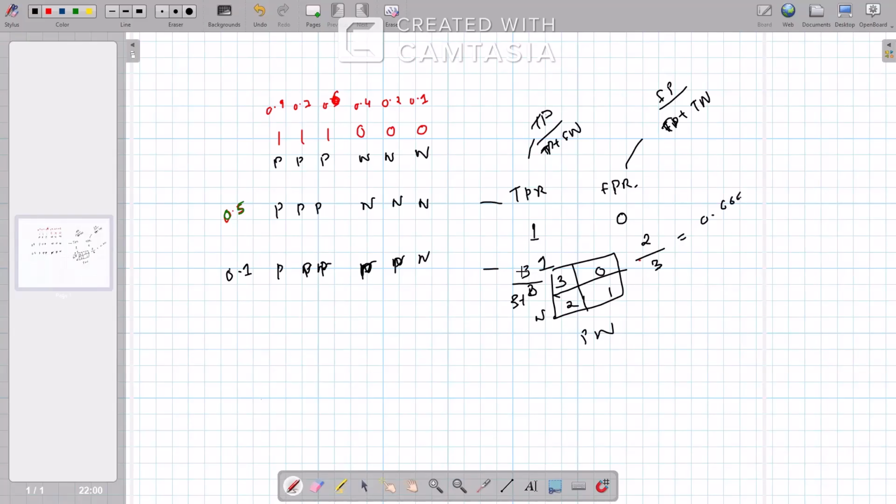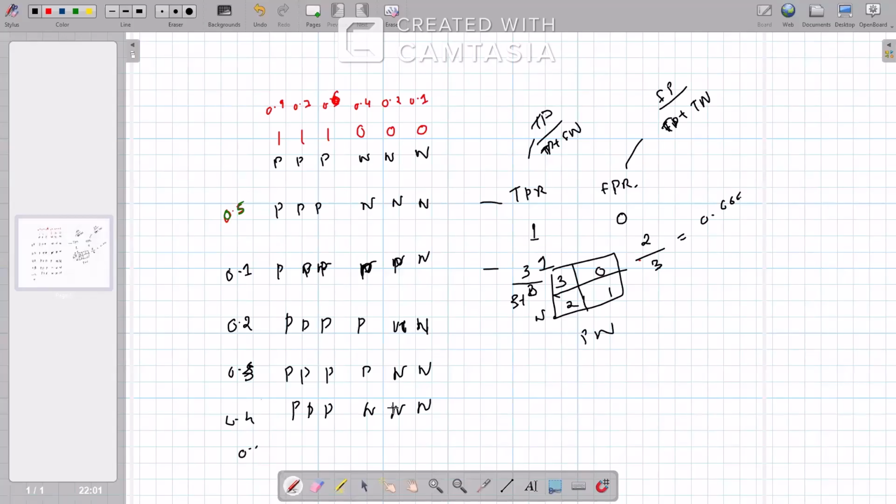So for each threshold value, the true positives and true negatives will change. If you consider 0.2, again it will be PPP, NNN.